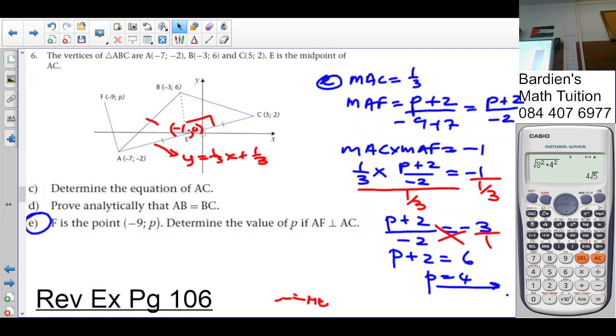Any issues? Number 7? Number 8. Number 9.